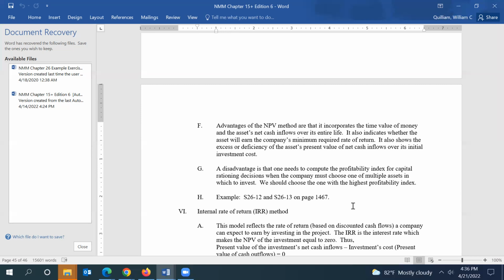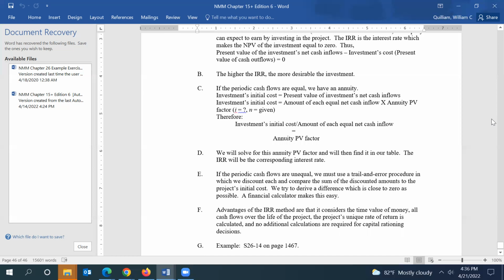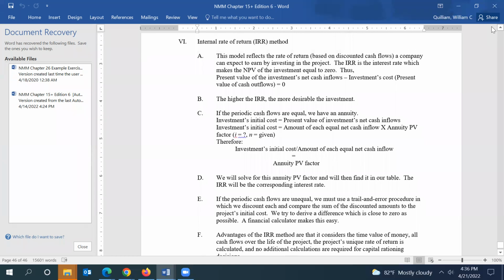So let's look at the fourth and last method that we could use for capital investments. That's the internal rate of return method.